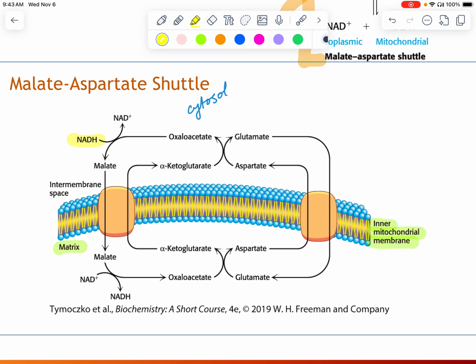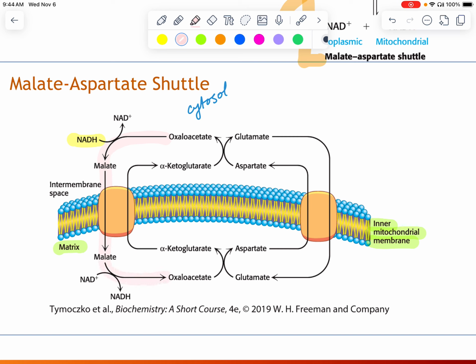And what we see is that the oxaloacetate picks up those electrons to form malate. Oxaloacetate can't move through this shuttle, but the malate can be carried into the matrix. And when it is, it's oxidized back to that oxaloacetate.